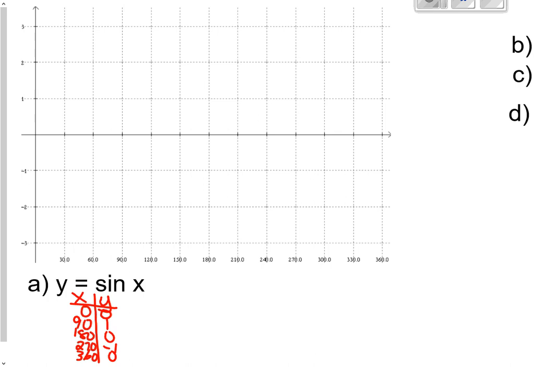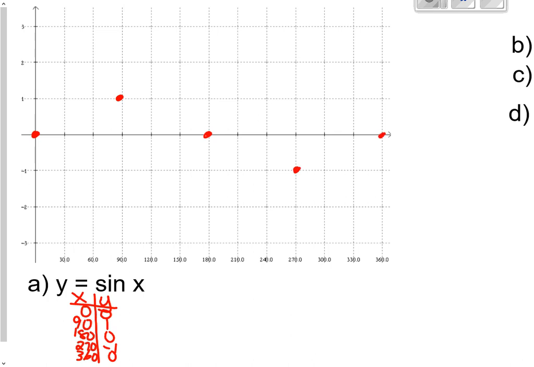I have 360 along my x-axis. I've gone up by 30s. And then I went in between -3 and a +3 on my y-axis, just in order to accommodate all the graphs that we're going to do. All right, so my sine graph starts at 0. And then at 90, it's at 1. And then 180, it's at 0. And then at 270, it's at -1.